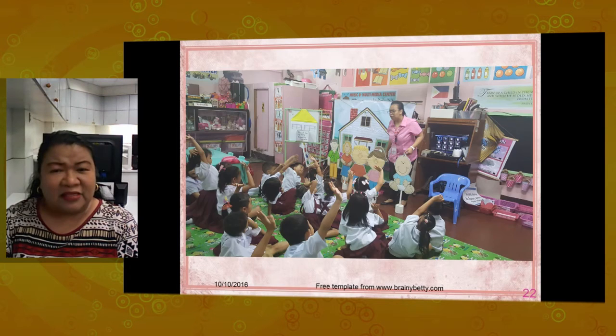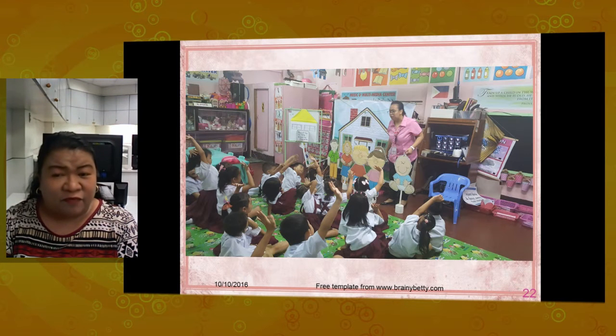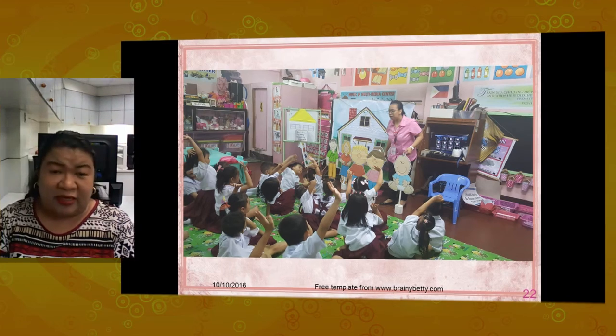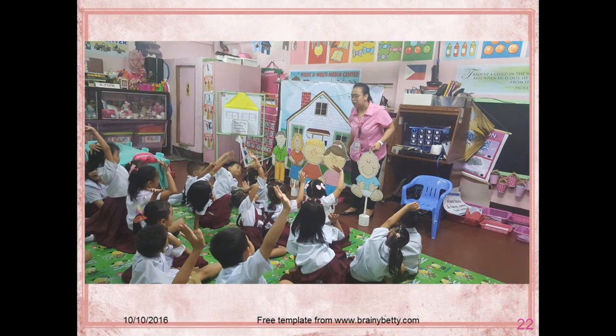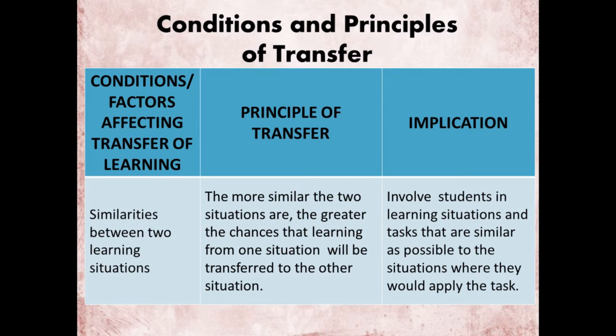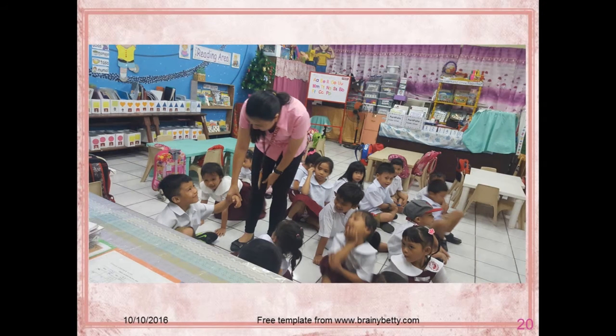These experiences they have would help them in actually teaching in classrooms like this. So this is an application of similarity between two learning situations, or similarity between how they learn a skill and where they would be applying this skill. An application of this is internship or practicum.